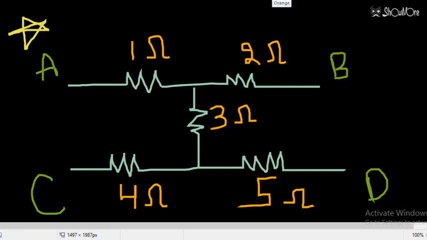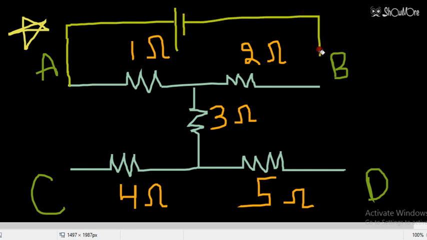So what can we do now? We can simply connect a battery across the two terminals. If I am going to find the resistance between point A and B, then I will simply connect a battery here.